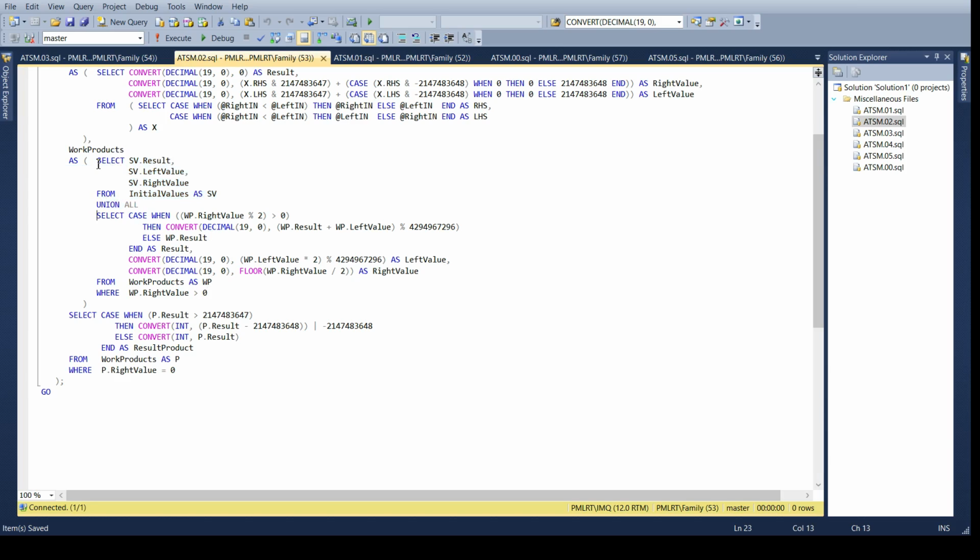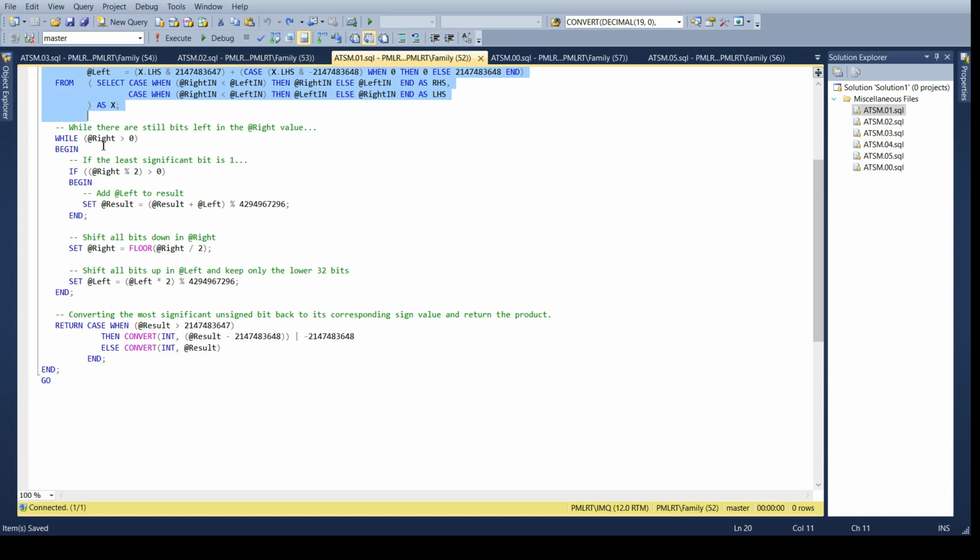The anchor is just getting us this first row out of here. And then the recursive side is calling itself, and then applying these transformations, which are essentially similar to what's happening in the for loop here.